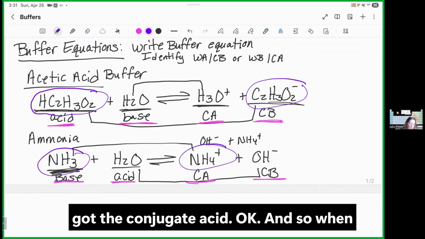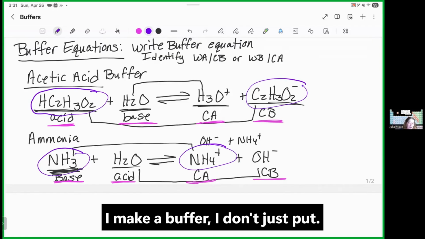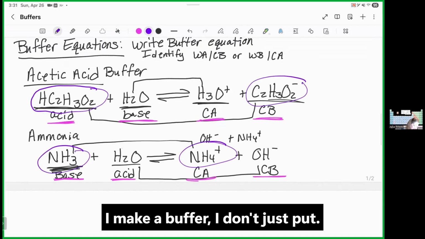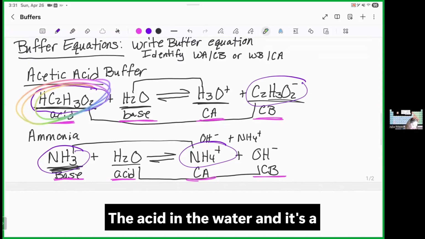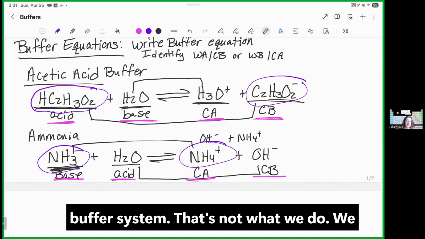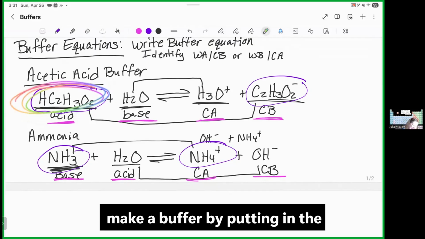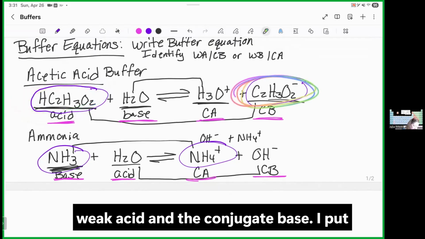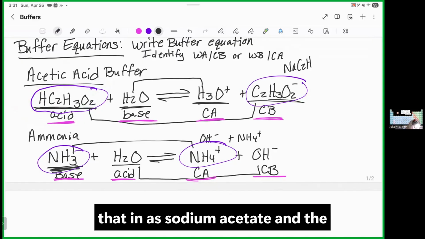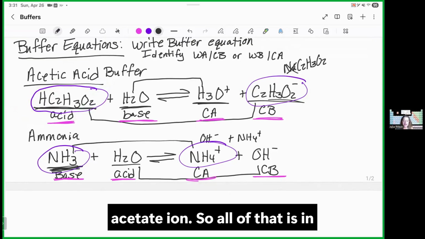And so when I make a buffer, I don't just put the acid into water and it's a buffer system. That's not what we do. We do make a buffer by putting in the weak acid and the conjugate base. I put that in as sodium acetate, and the sodium is a spectator, so I get my acetate ion.